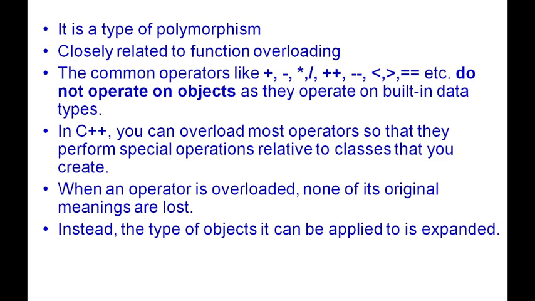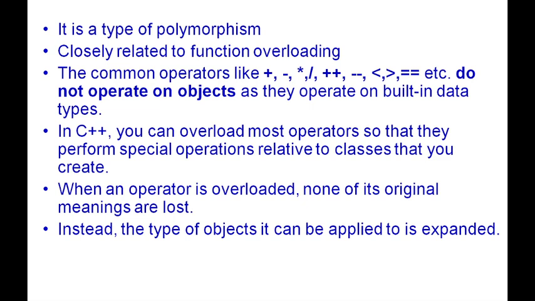So when the operator is used for usual operands like integers or characters or float, that is all the built-in data types, then it will do the built-in task, whatever the arithmetic operation it is supposed to perform, it will do it as usual. But when we overload the operators for class objects and use the objects as operands, then it will behave according to how we determine.